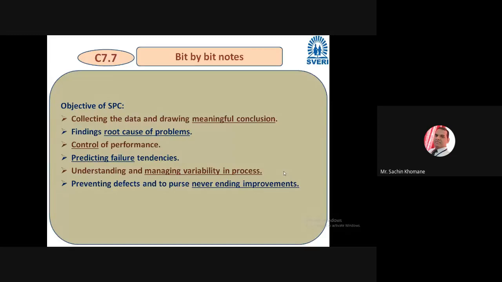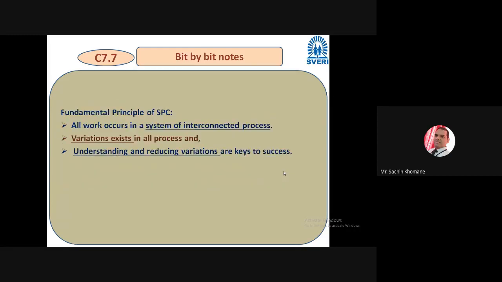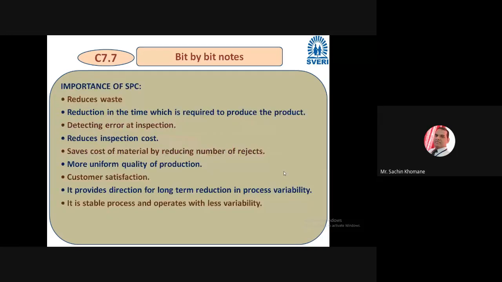Also, we have seen the objectives of SPC, why SPC is there in industry, the basic fundamental principle of SPC as well as the importance of SPC. I think this much we discussed last lecture, including our central idea, importance, and title of chapter.